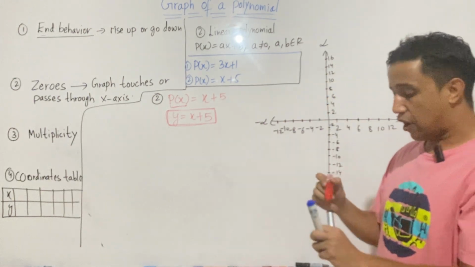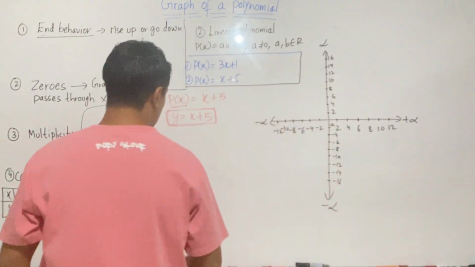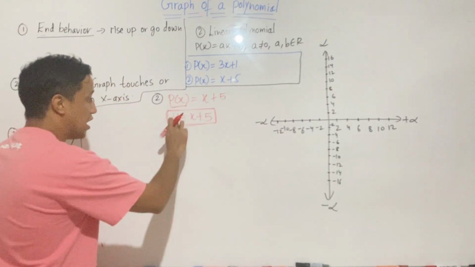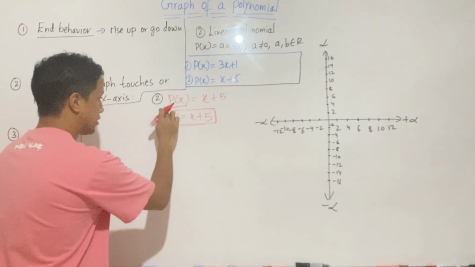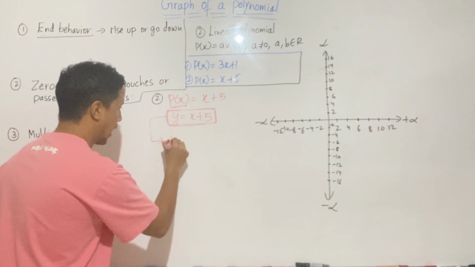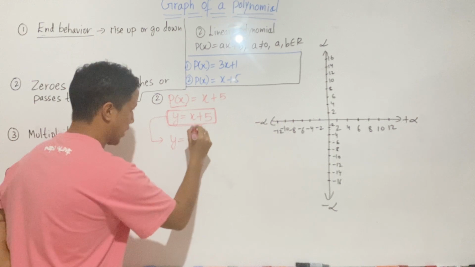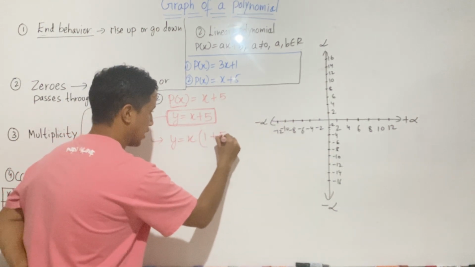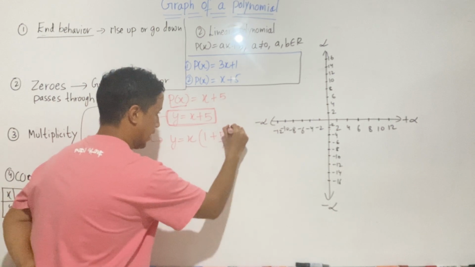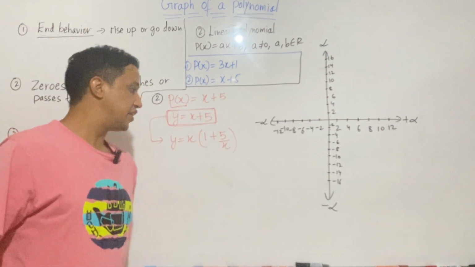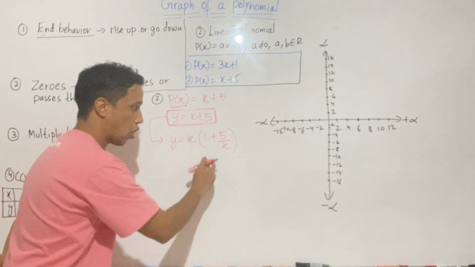From this equation, can I write y is equal to x times (1 plus 5 by x)? Nothing, I just took the x common.